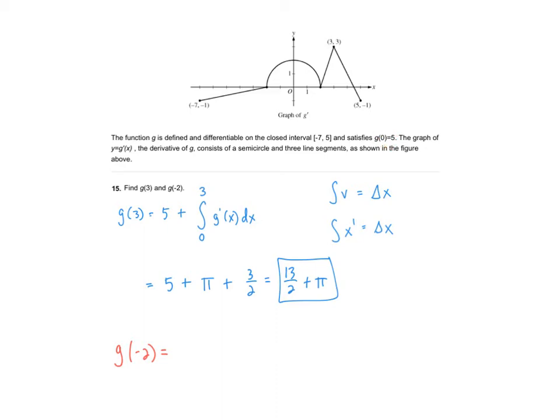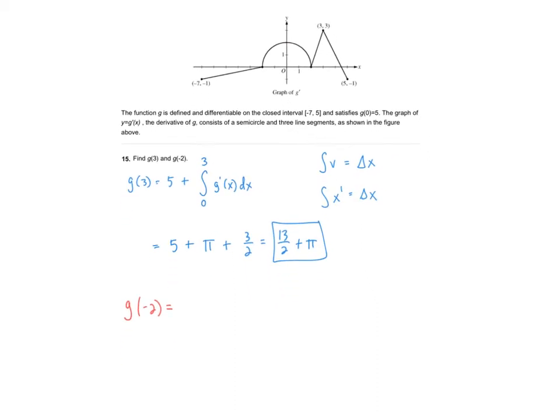And then if we can figure out how much it changed from -2 to 0, what this change was, do you get that we do 5 minus that, because to see where we would end up at g of -2? And so that's really what we're going to do. We're going to find this area and subtract it.